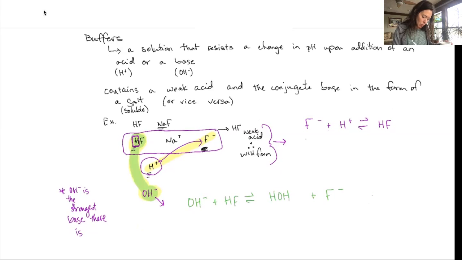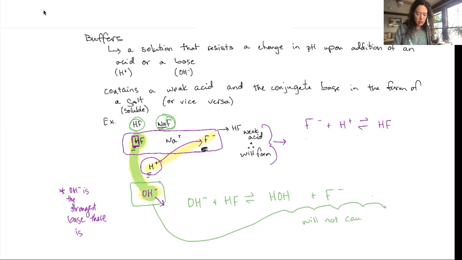Okay. So what we see is this solution that contained the weak acid and a salt that contained his conjugate base has the ability to absorb hydroxide, thus allowing it to not become a part of the solution, and it will not cause much increase in pH, just a slight, okay?